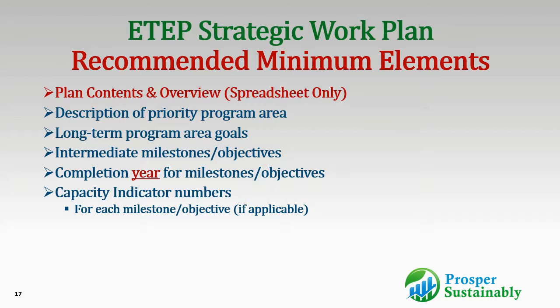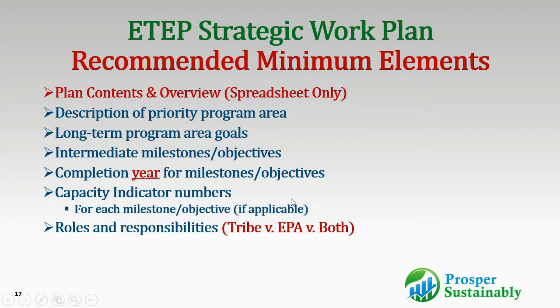You're including capacity indicator numbers, so going to the GAP guidance, if there is a corresponding or relatable capacity indicator number, you would indicate that per objective or milestone. You also indicate whose role it's going to be to accomplish each objective. Is it going to be the tribe, or is it the EPA, or are both the tribe and the EPA going to have to work together to accomplish each objective?